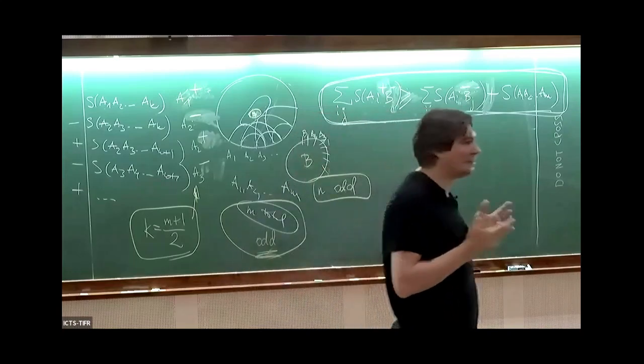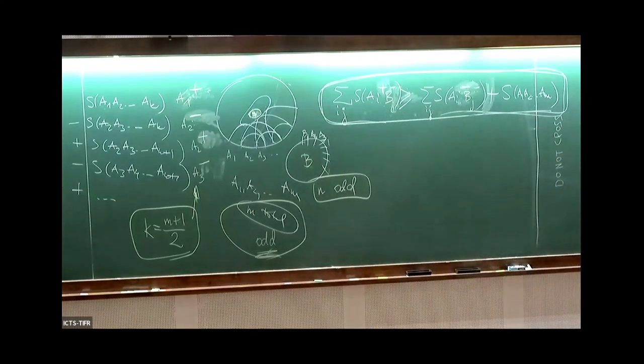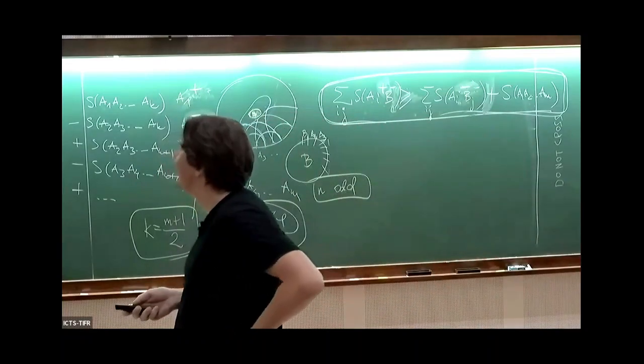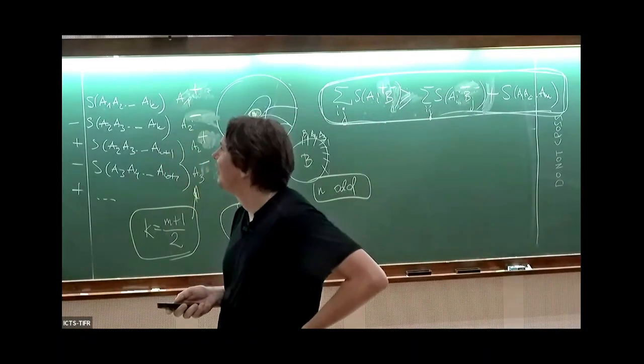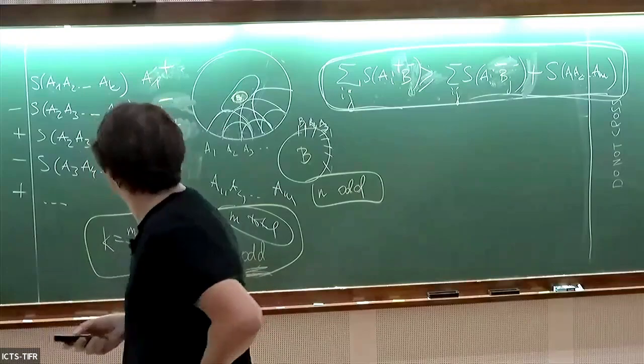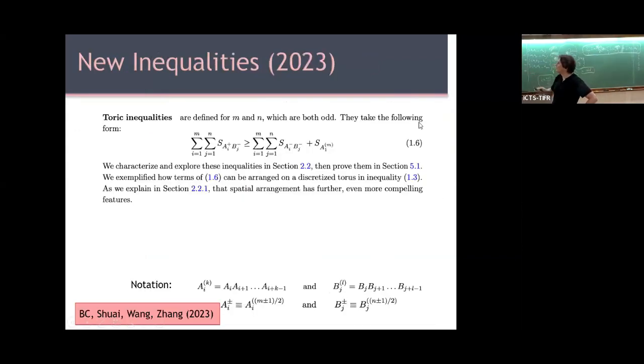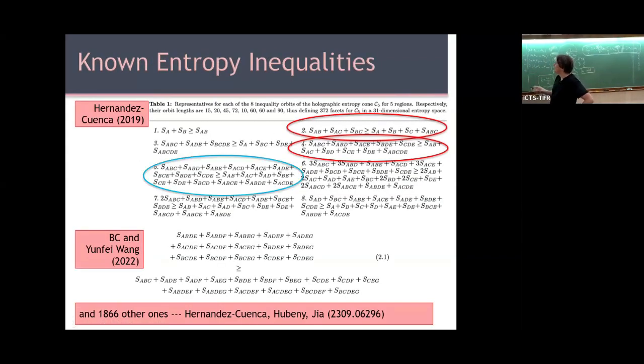So now I want to go back to the slides. Sorry about going back and forth. And so last time I said that the inequalities that we just motivated with n equals 1 are the ones that are circled in red. It turns out that this blue one here is the first inequality that doesn't have n equal to 1, but it actually sets n equal to 3.